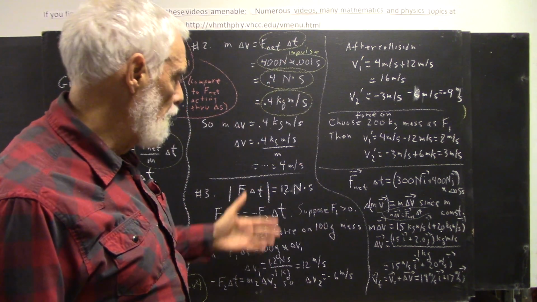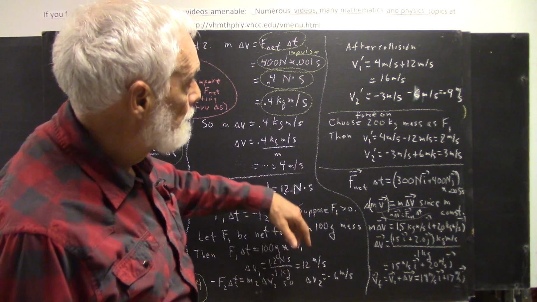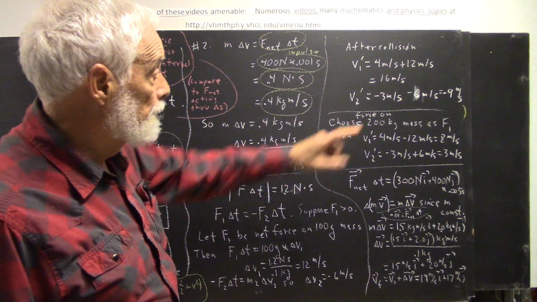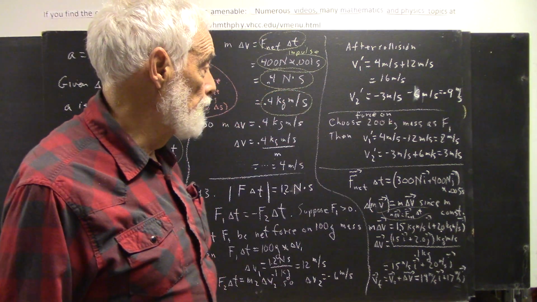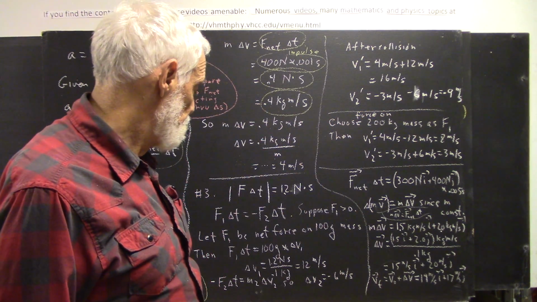say too much about all the specific ways in which it can occur, but in this case, the initial velocity of the first mass was said to be 4 meters per second. The initial velocity of the second was negative 3 meters per second.